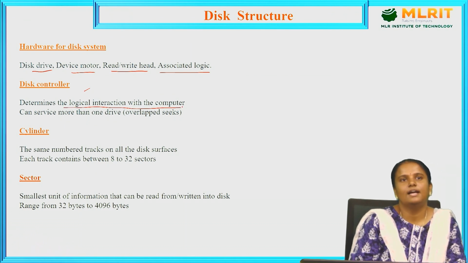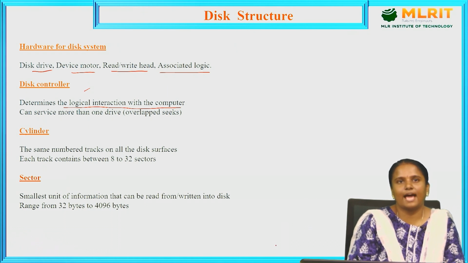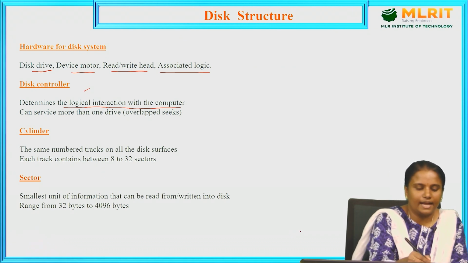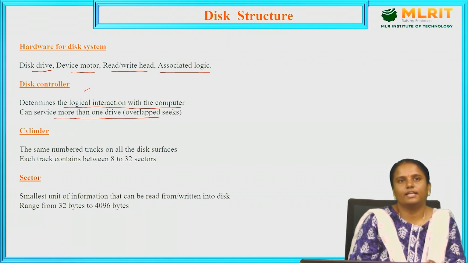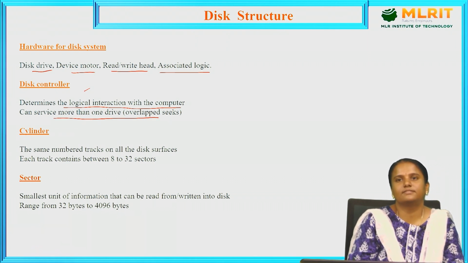So the disk controller can interact with the computer directly. It can service more than one drive, so it can provide services for one or more drives, and they can be overlapped.